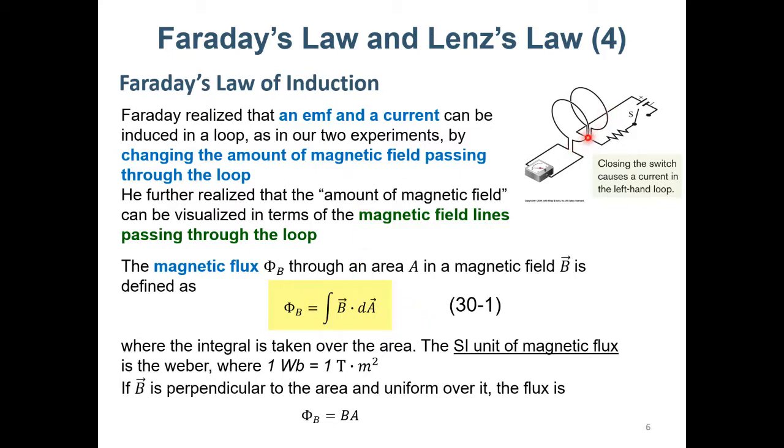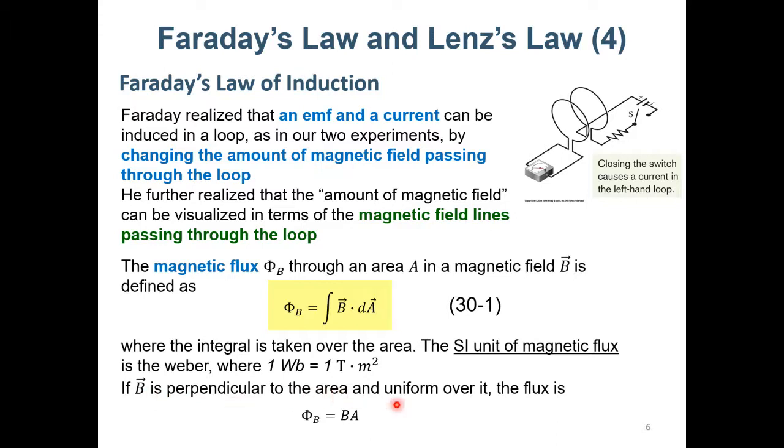However, we only concern ourselves with the area of this loop, where the integral is taken over the area. The SI unit for magnetic flux is the weber. A weber is tesla times meter squared.